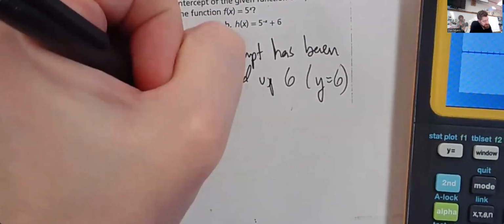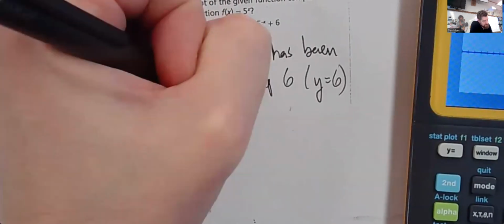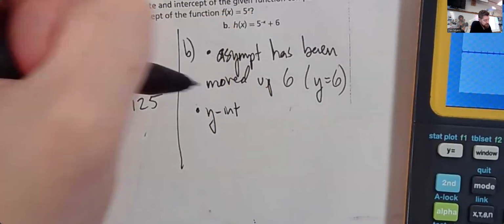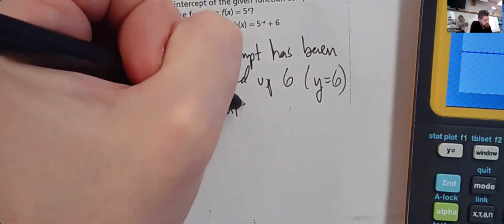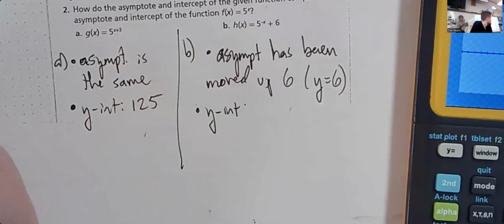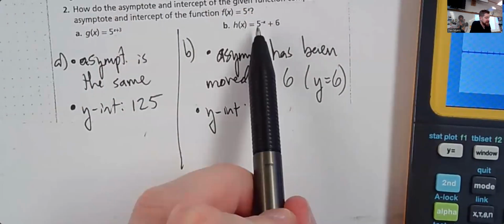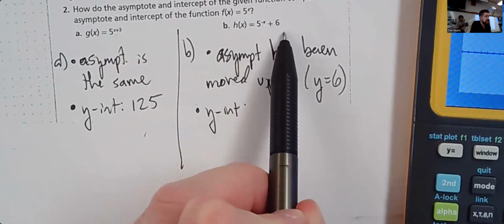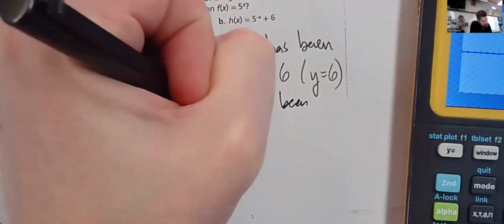The y-intercept, what's happened to the y-intercept? What is the y-intercept? Plug in 0 for x. 5 to the 0 power is 1. 1 plus 6 is 7. So the y-intercept has been moved up 6.